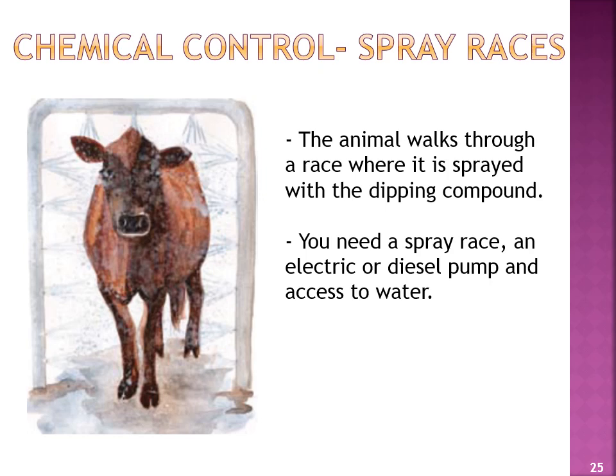The second application method is the spraying method. We can use the spray races, usually if we have a large number of animals and the animals walk through the race, so all the body will be covered with the spray of the insecticide compound.